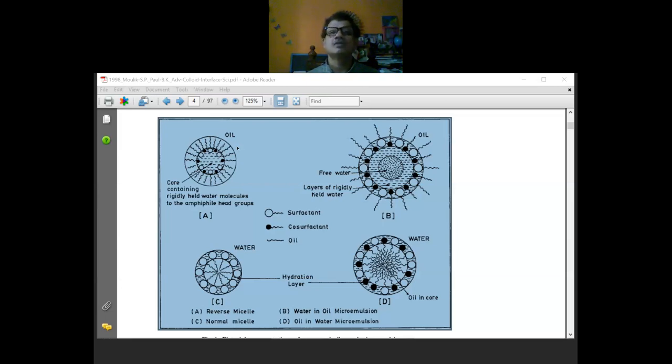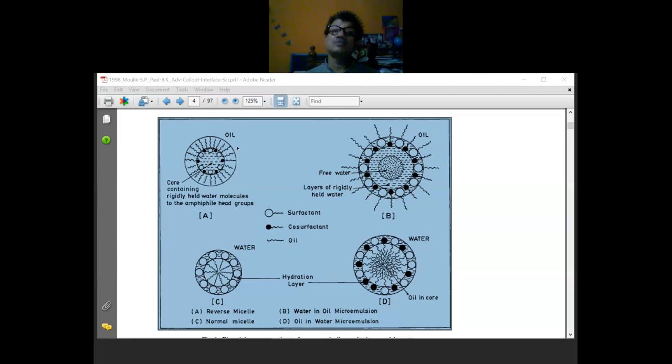So these are called reverse micelles. Again, I want to hammer it, repeat it again and again: if the solvent is water, there would be formation of micelle. If the solvent is oil, there would be formation of reverse micelle.